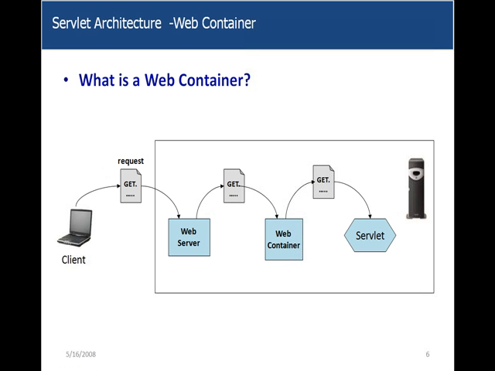So when a request comes in from the client, the web server will send that request to the web container or the servlet engine, and the servlet engine knows which servlet can serve the request made by the client, and it knows what methods to call on the servlet to get the information back from the servlet, right?